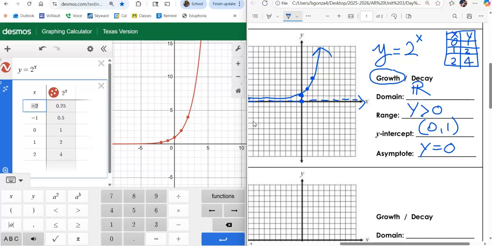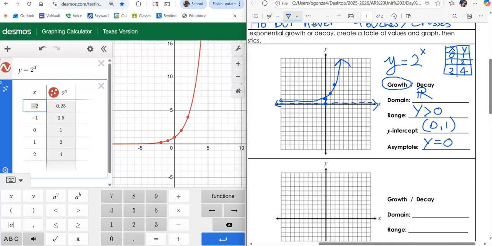If I plot those 3 points, I'll make a nice, sweet looking exponential. So on your assignment, you should actually graph it like I'm showing you, instead of sleeping.